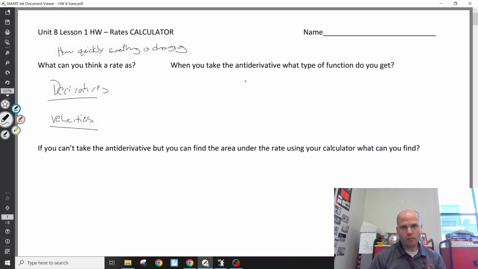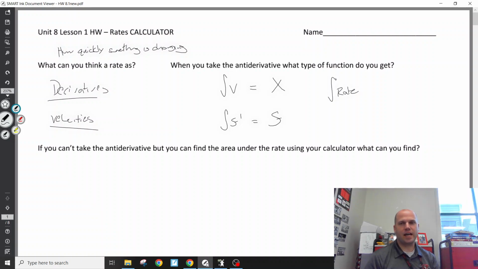Now, we know from last unit, if you take an antiderivative of velocity, you get a position. If you take an antiderivative of a derivative, you'll get the original function. So if we're going to look at antiderivatives of rates, we'll get totals. But we won't be able to take the antiderivative, but we will be able to find the area.